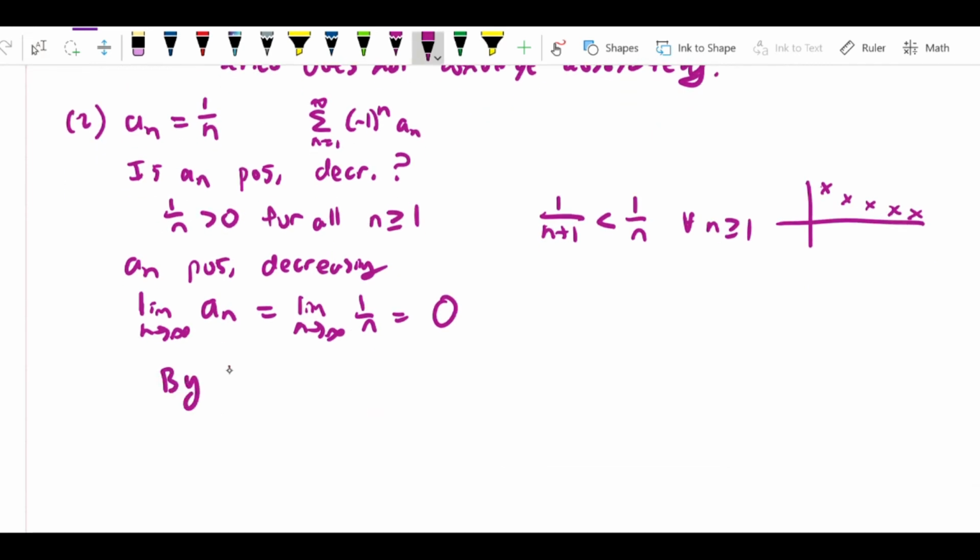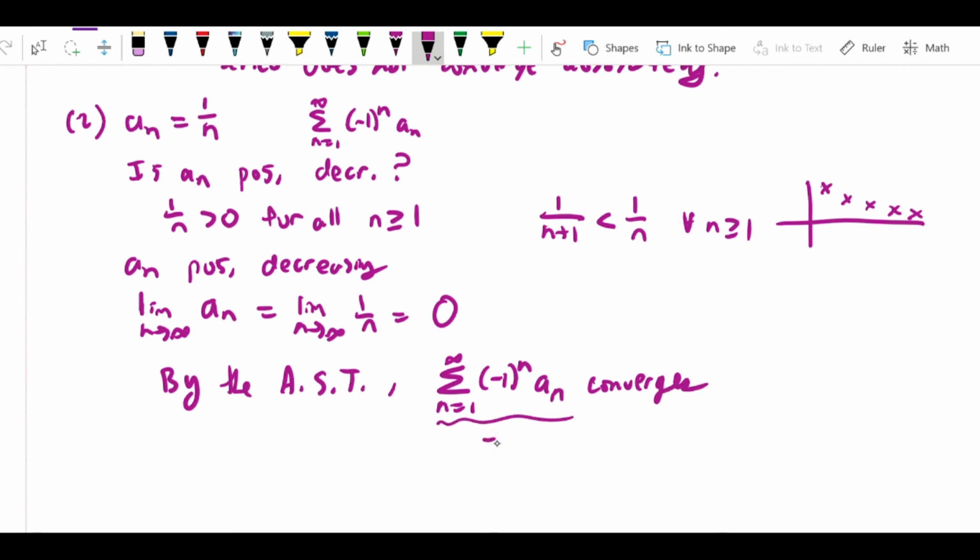It says that by the AST, the sum from n equals 1 to infinity of (-1)^n a_n converges. And this is just equal to the original series we were given, (-1)^n over n. So we've shown by the alternating series test that this series converges.